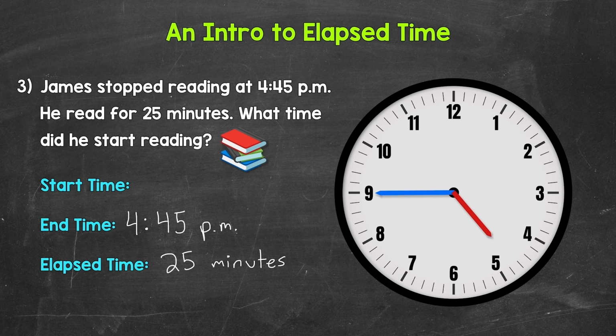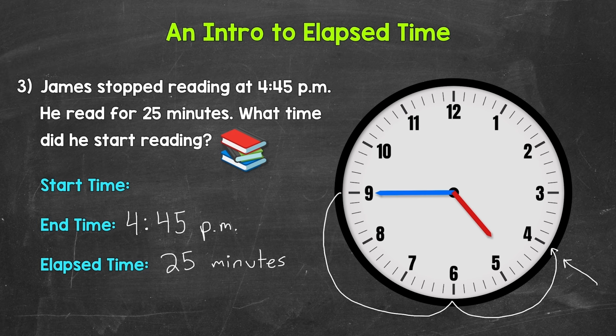Now, another strategy here could be to use 4:30. Just like we talked about using exact hours in number 2, using half past an hour can be helpful as well. So for this example, we would go back 15 minutes to get to 4:30. And then in order to get to that 25 minutes, we need to go back another 10 minutes. And that brings our minute hand to the 4.